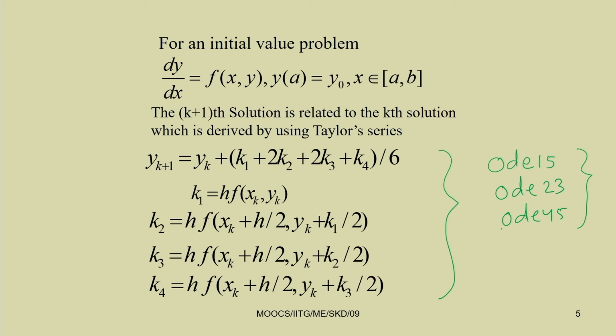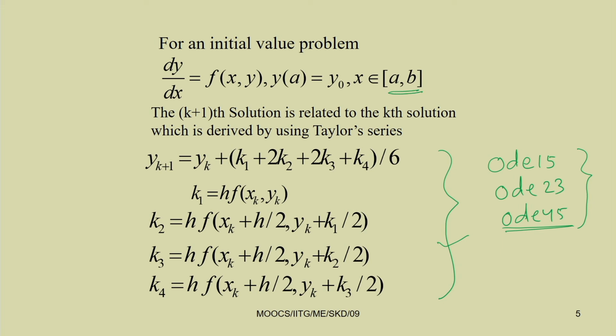Generally, you can use ODE45, which is the fourth and fifth order Runge-Kutta method, to find the solution of a differential equation. Here, in the fourth order Runge-Kutta method, you use four constants, K1, K2, K3, K4, and by writing down these equations you can easily solve for a given initial condition.